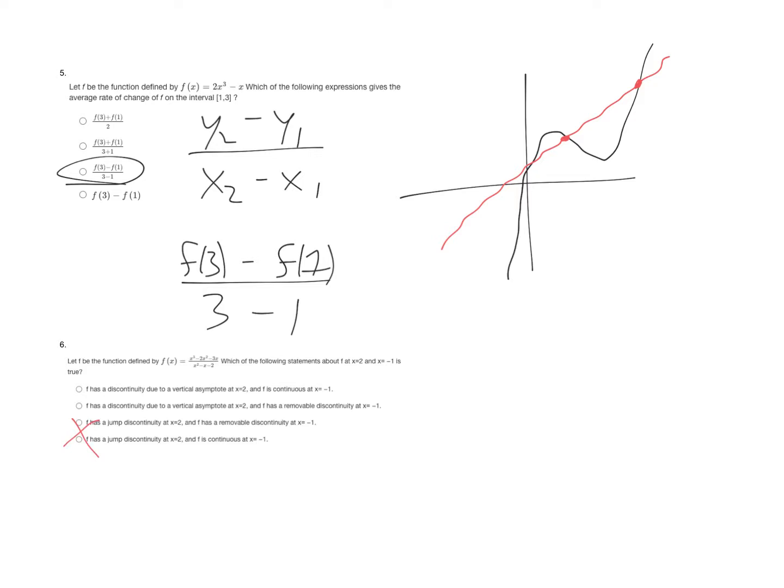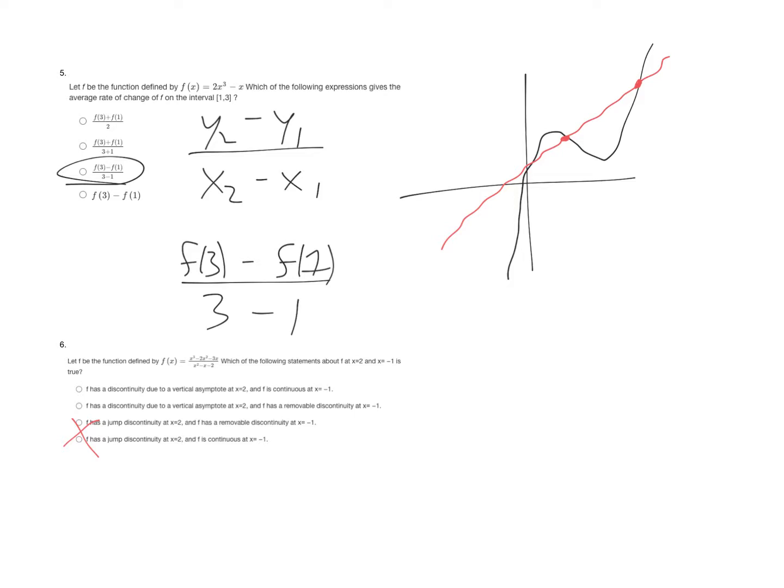Now, the question then is, okay, do we have a vertical asymptote, a removable discontinuity, or are we just continuous? And the values that they're asking about are x equals negative 1 and x equals 2. But the first thing I think about is that we can only have a jump if the function is piecewise.